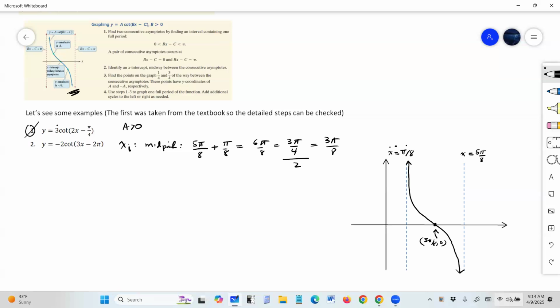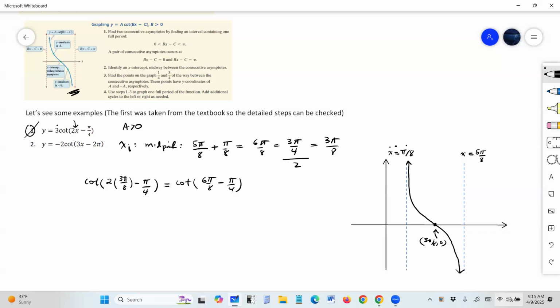And we can verify that, right? We can verify that by replacing x with 3 pi over 8 here and confirming that we have an asymptote at that point. So 2 times 3 pi over 8 is 6 pi over 8, minus pi over 4.